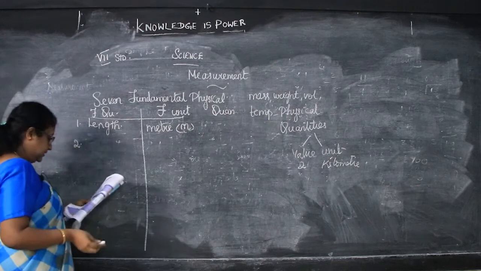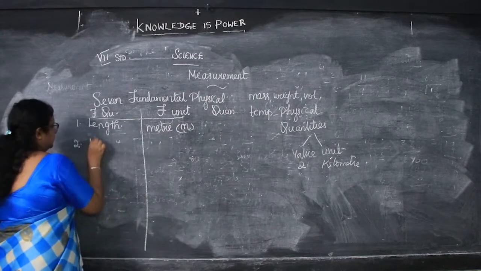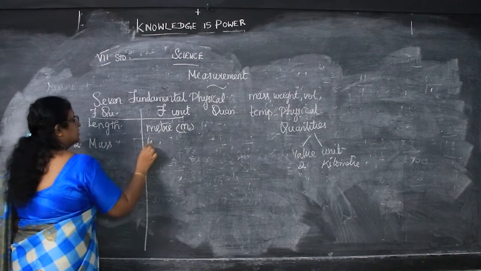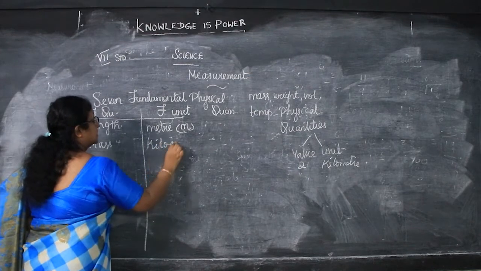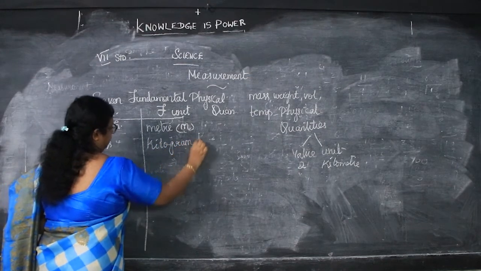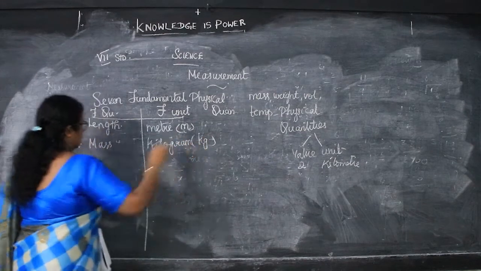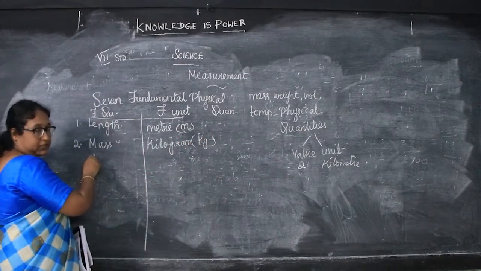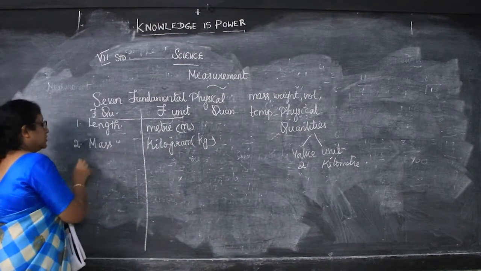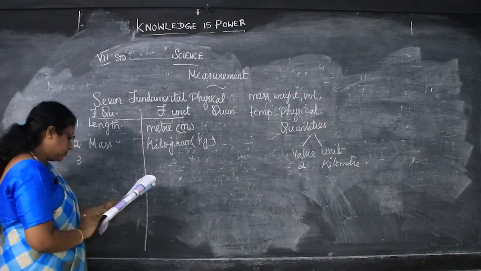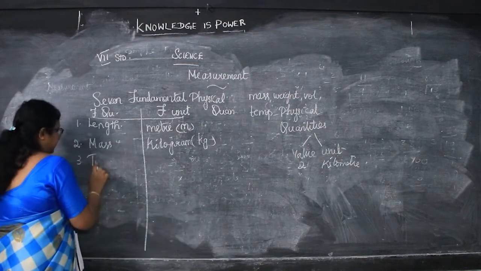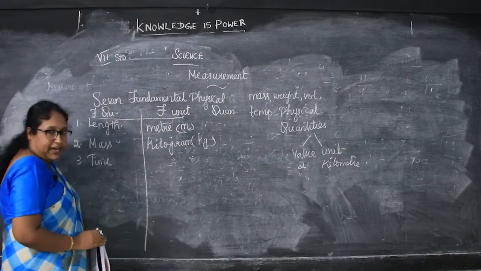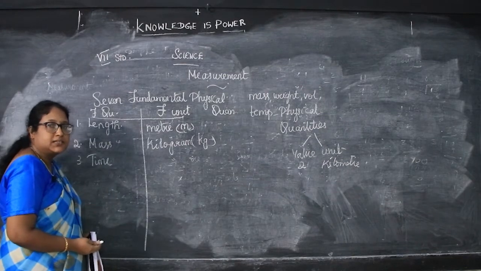The next is mass. The unit for this is kilogram. Okay. So mass, as already said, is the mass of a matter. So kilogram. Then time. So everybody knows what is time and how we see the time in seconds.